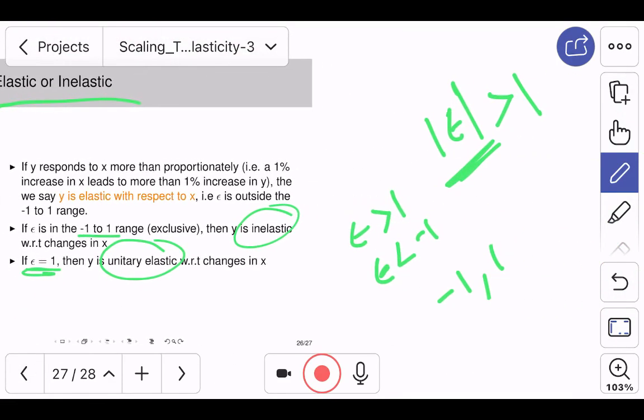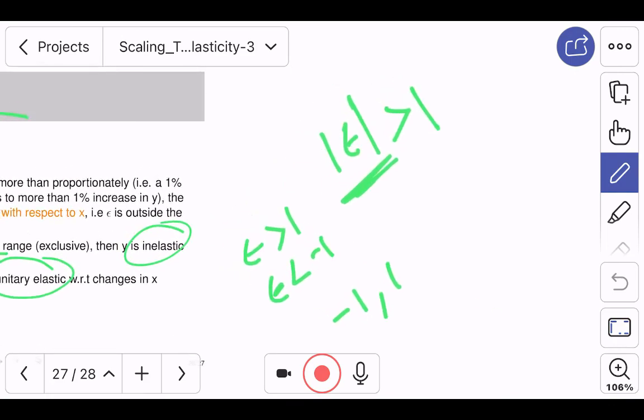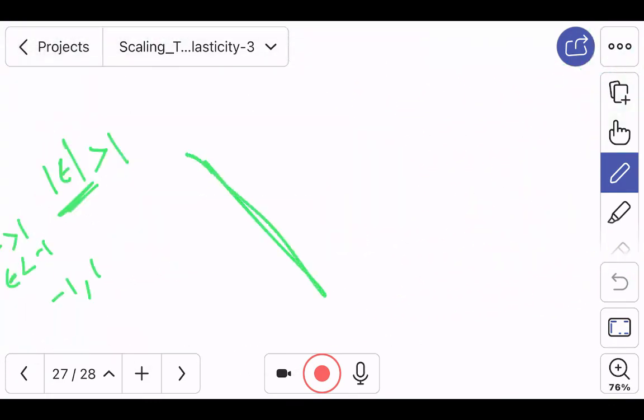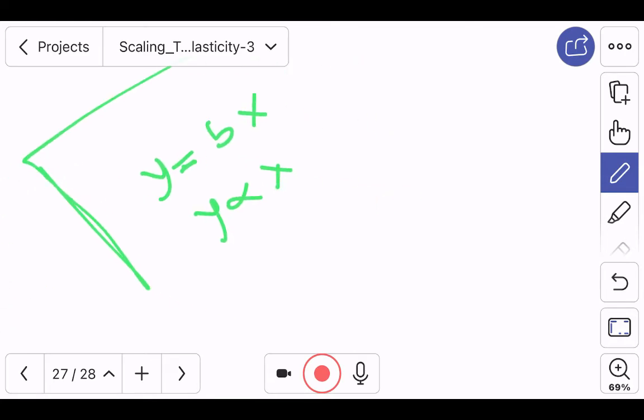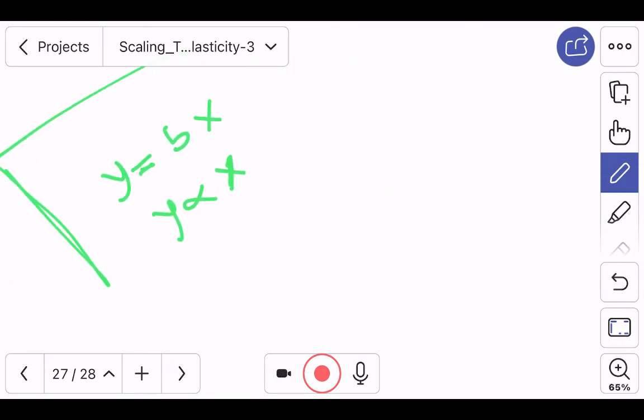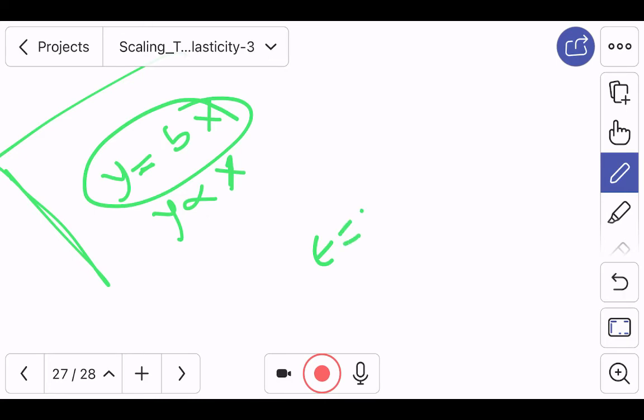Well, you might be wondering what exactly could be unitary elastic. Well, here is where you can test what we have discussed. If y is b times x, and y is proportional to x, well, in this case, what's going to happen? Well, the elasticity is going to be 1. Why?